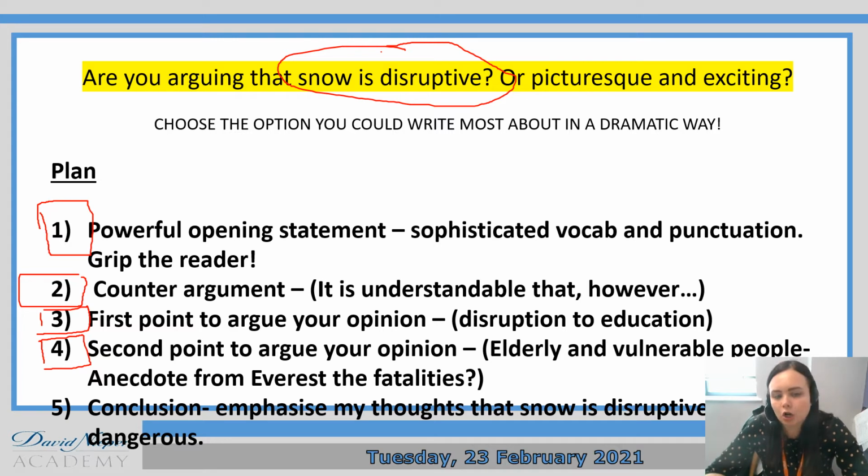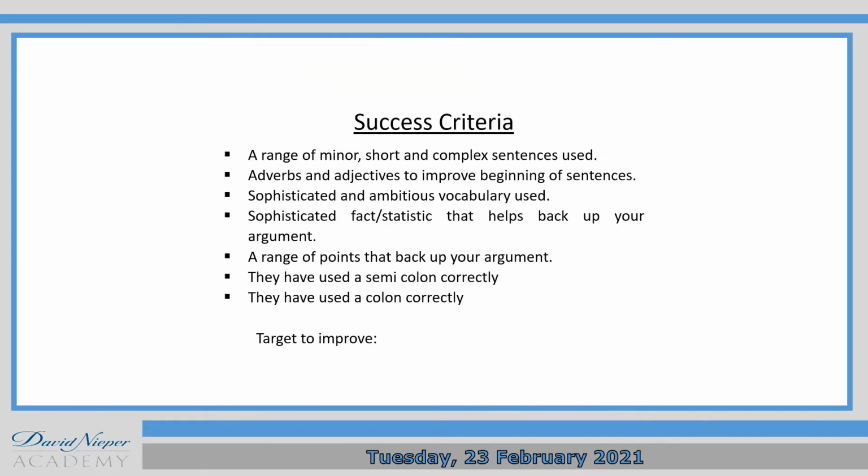And then I'm going to conclude by obviously stating my point and asking people to feel the same way as I do. Because this is obviously an explain, I don't need to be aggressive in getting them to think that I am right. But it is important for them to clearly understand exactly what it is I'm trying to get across, that snow is disruptive.